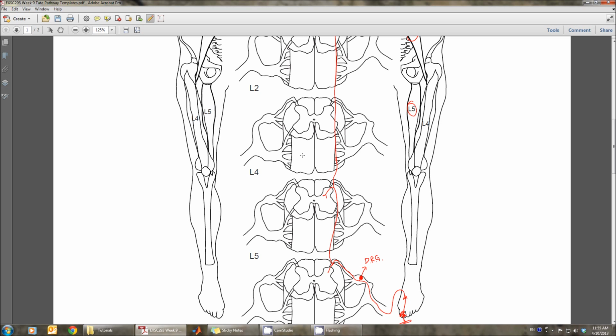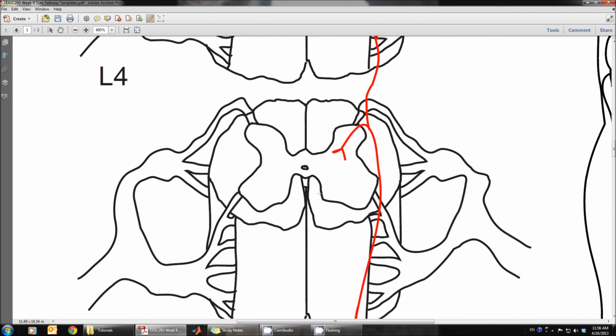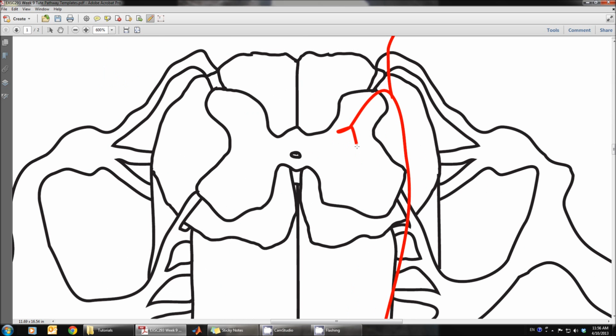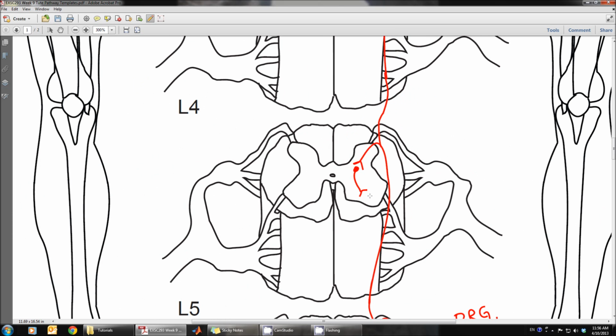The only reflex that doesn't need an interneuron is the stretch reflex, and this is not a stretch reflex. So we have to draw an interneuron that connects this information to the efferent neuron. So this is the interneuron, and that interneuron goes to the ventral horn, which contains the lower motor neuron or alpha motor neuron that innervates the muscle.